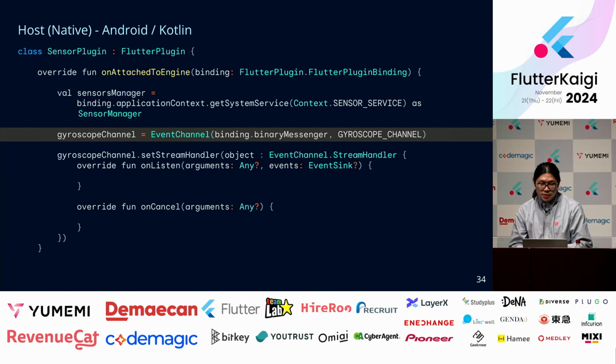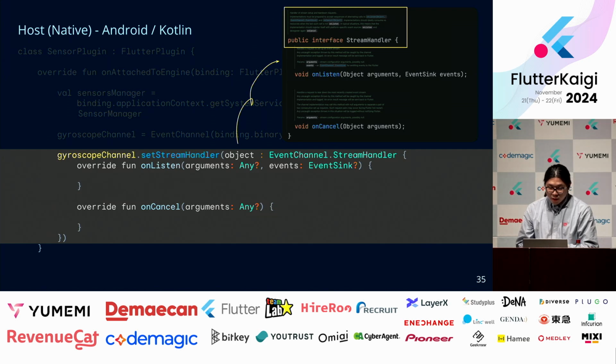For gyroscope sensor values, we used an event channel as in the previous design. We set up the event channel by implementing a stream handler in the setStreamHandler method. This is an interface that requires you to implement the details of the onListen and onCancel methods.